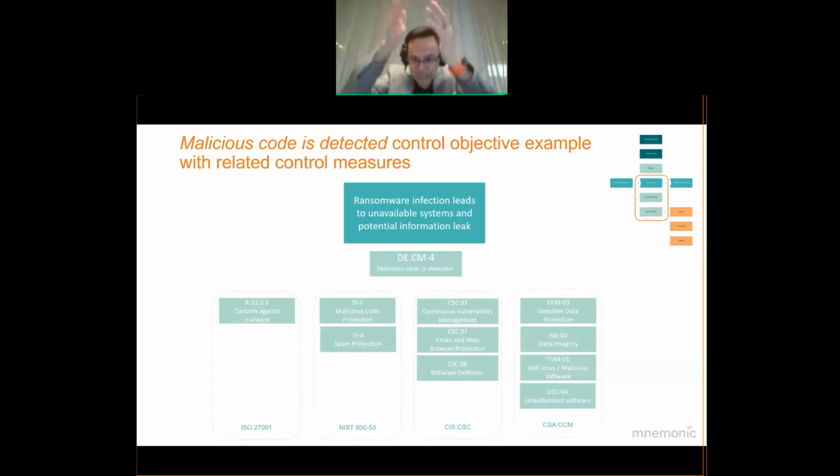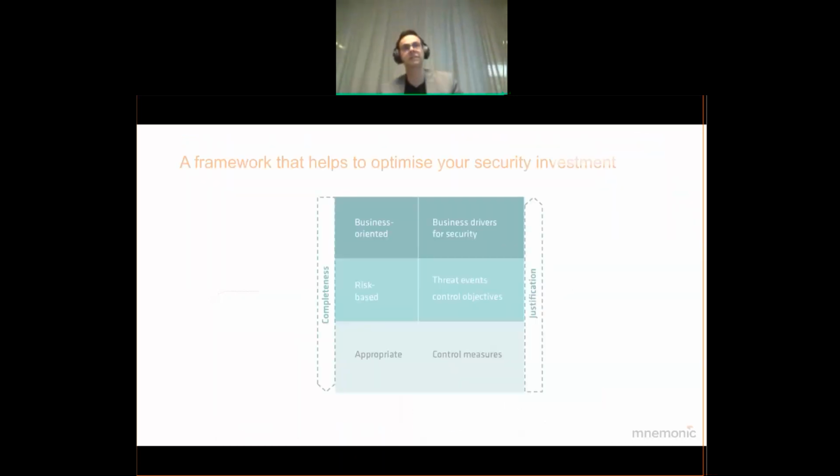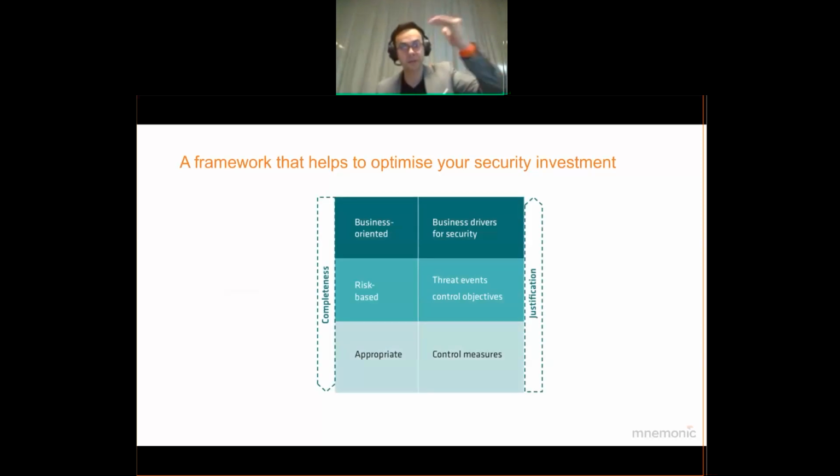So that's the idea. The idea is that we have this connection together, this traceability from the business at the top down to the control measures. It gives us completeness, justification, and eventually you can say that you have a way to talk to business stakeholders. You have broken that link there.